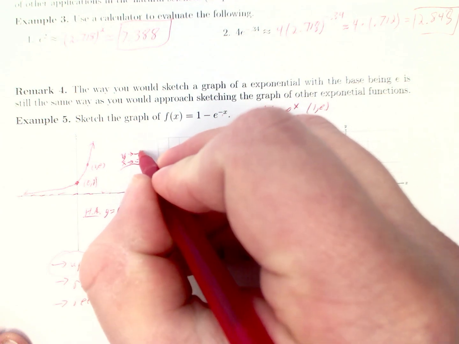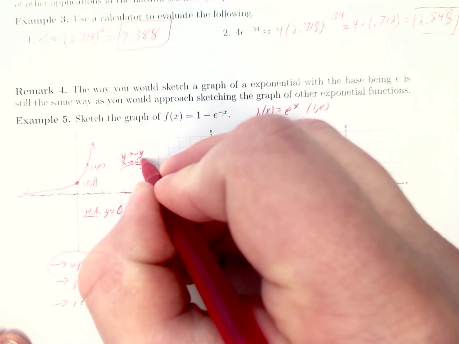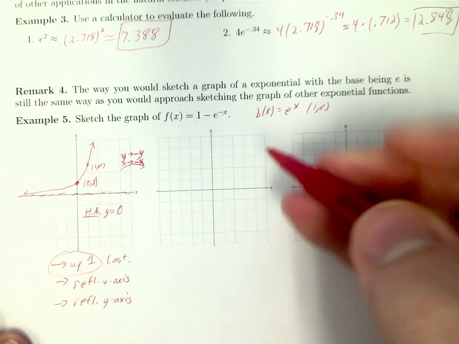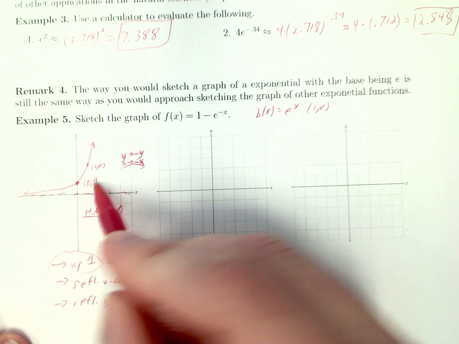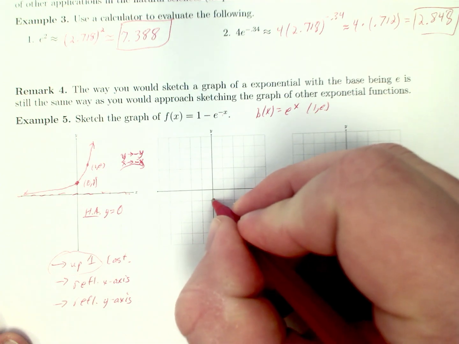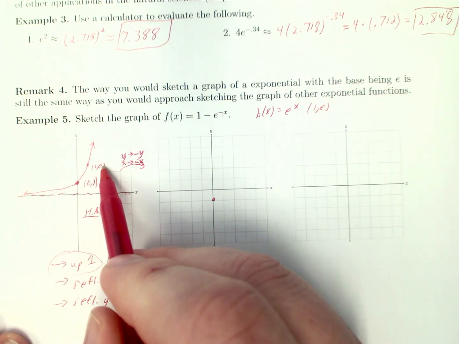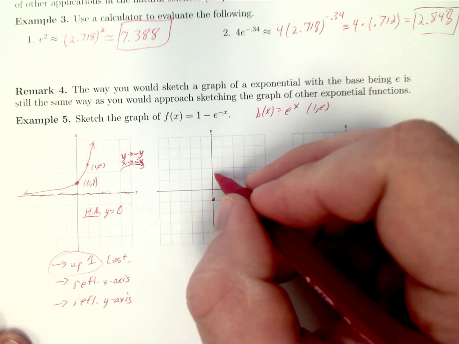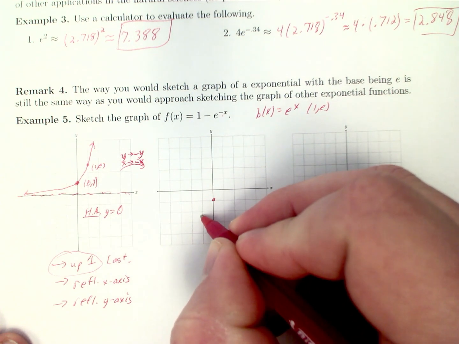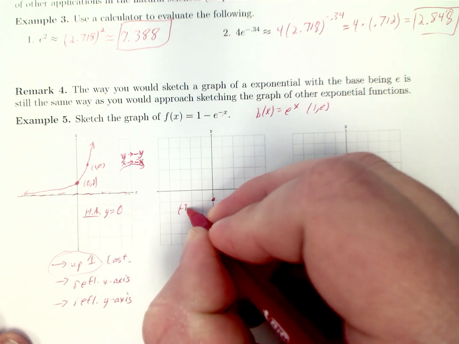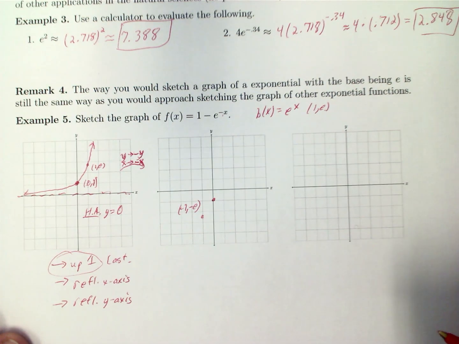So we negate the x's and we negate the y's. Instead of 0, 1, it's now 0, negative 1. Instead of 1, e, it's going to be negative 1, negative e, which is about negative 2.7.